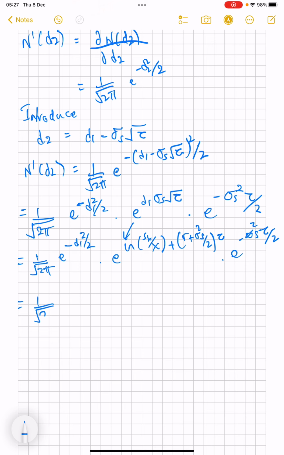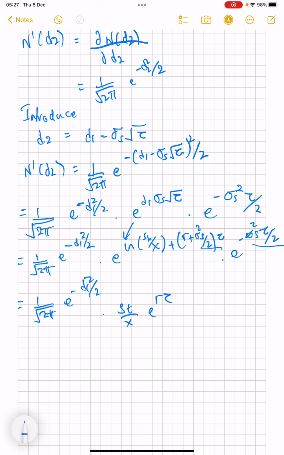That is 1 upon root 2 pi e times the ln is just ST over X, and this will get cancelled out with this. I will be left with exponential minus r tau. The two exponentials would just cancel each other.